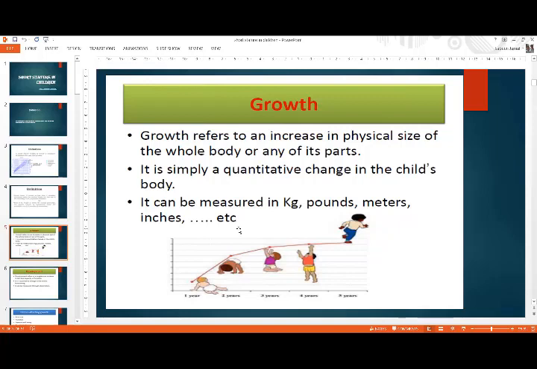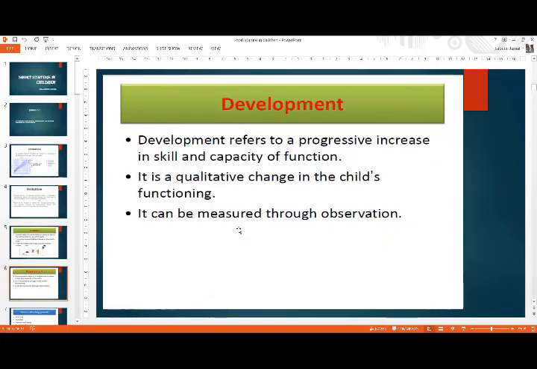Now, development. Development refers to a progressive increase in skill and capacity of the body. It is basically a qualitative change in childhood, while growth is a quantitative change. Development is a progressive increase in skills and capacity of function, right from birth through the different stages of life.